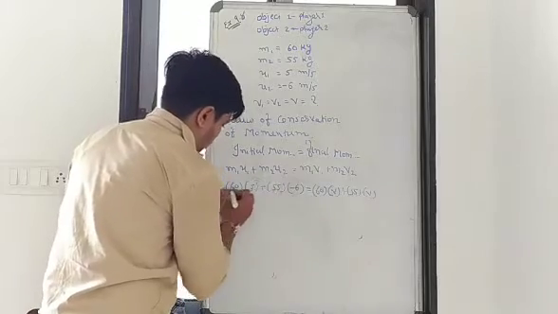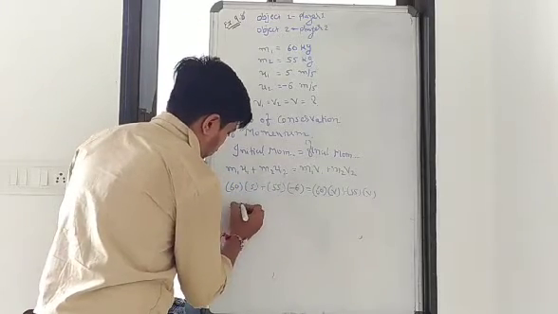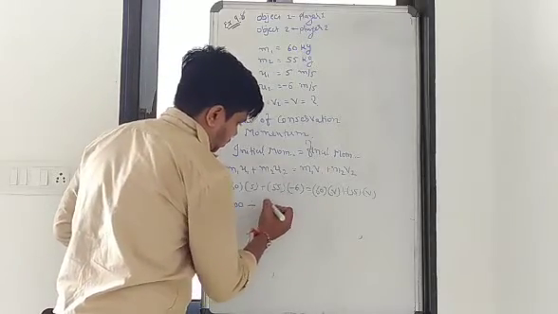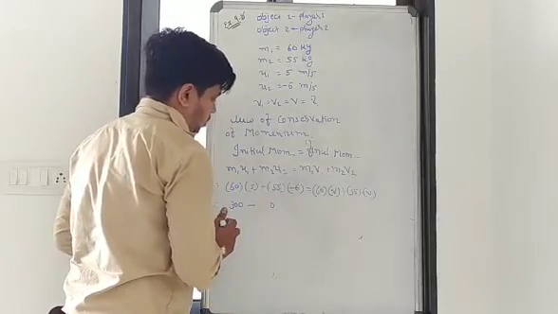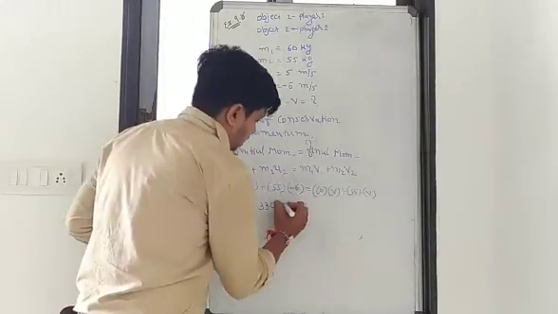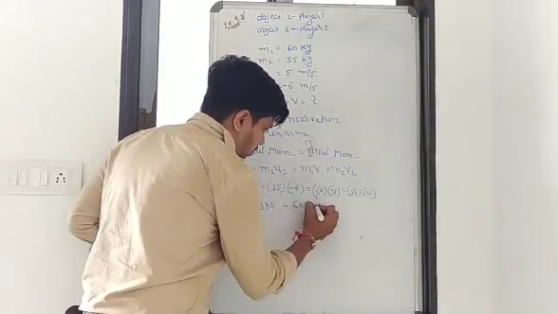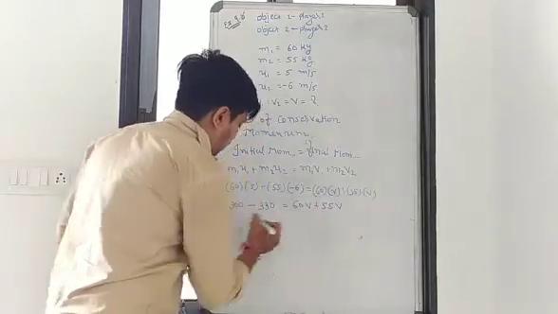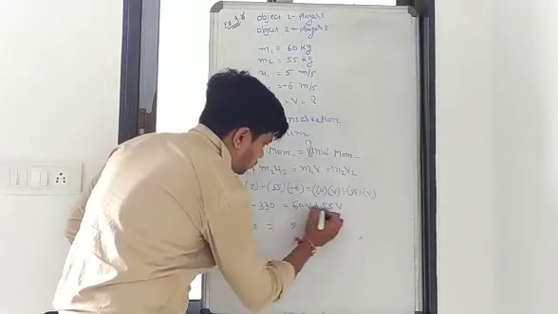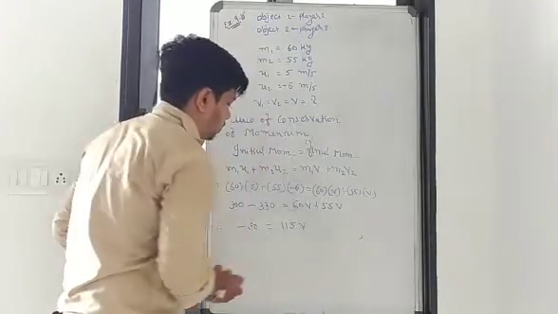Right? So 6 times 5 is 30, so 300 plus minus 6 times 55 is 330. So 300 minus 330 is equal to 60v plus 55v. So you get minus 30 is equal to 115v.